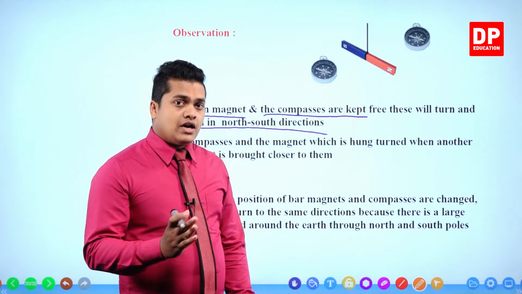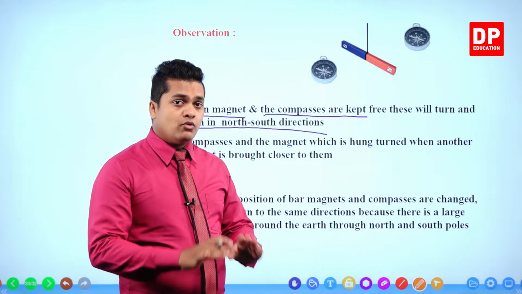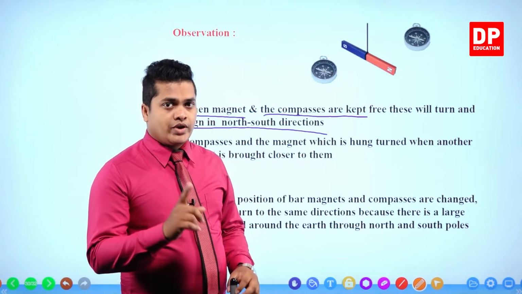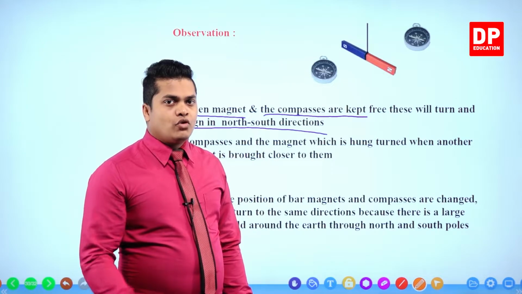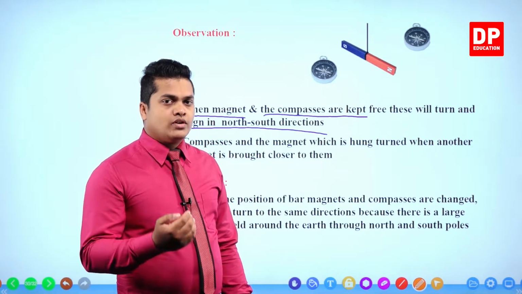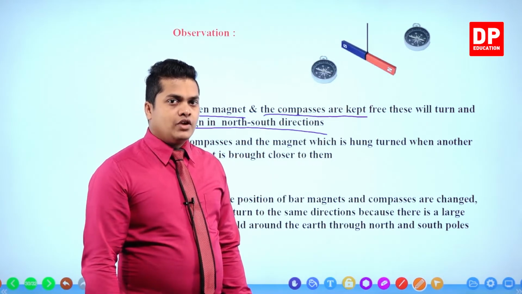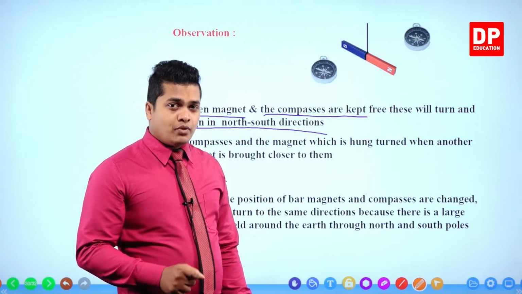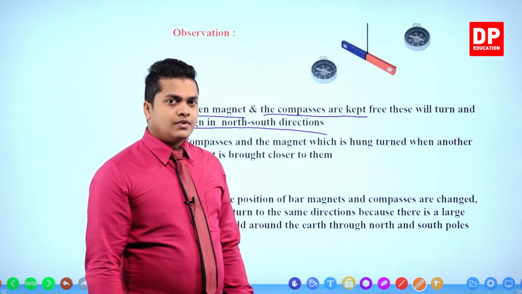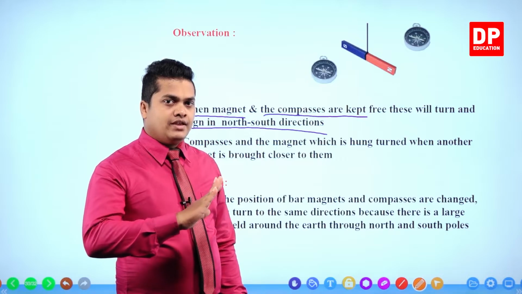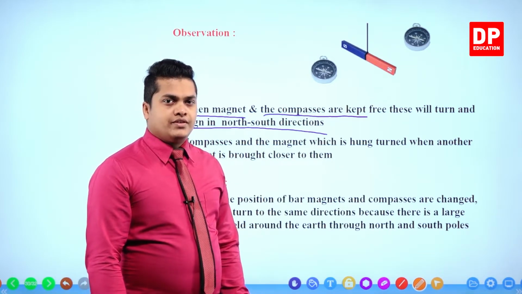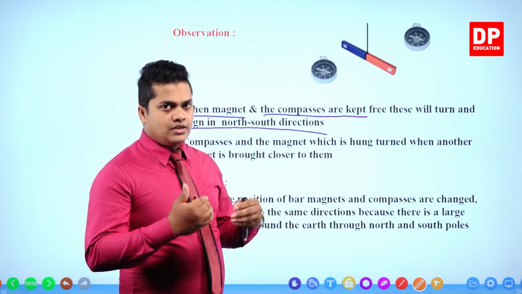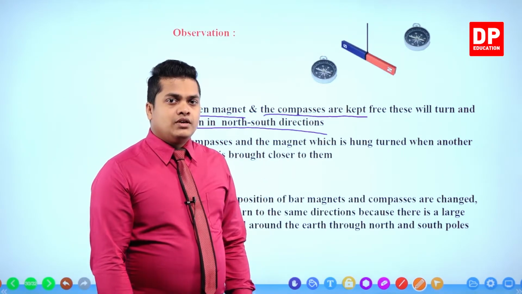If you are asked to turn a magnet without touching it, you can use a different magnet. If you want to attract that magnet towards yours, you keep the unlike poles together, and if you want to repel it away, you place the like poles together. Then the other magnet would repel away.